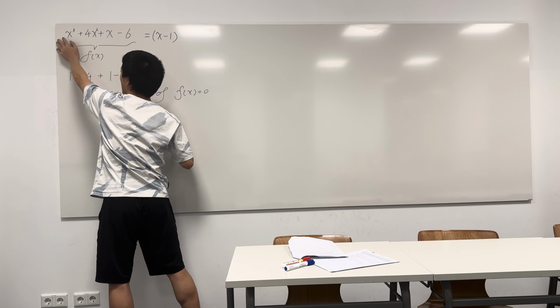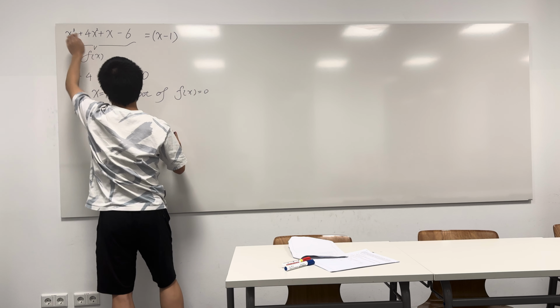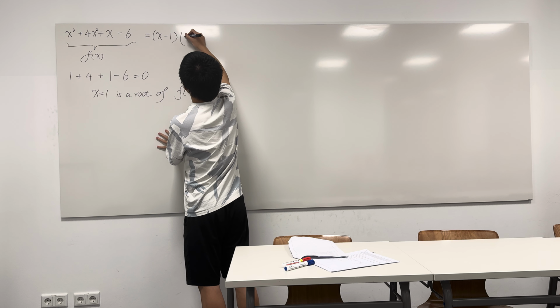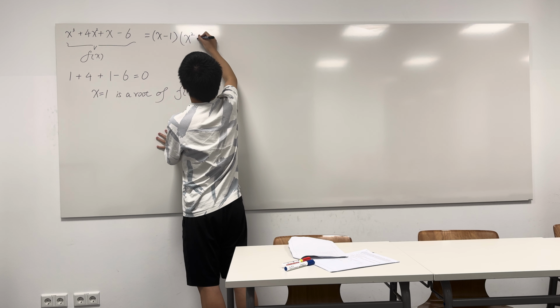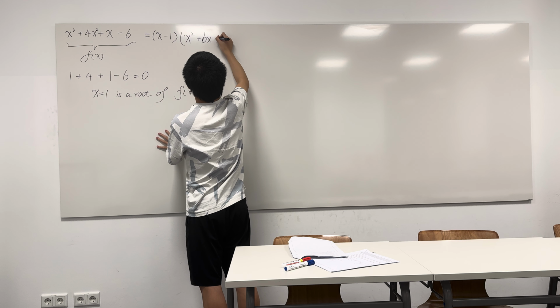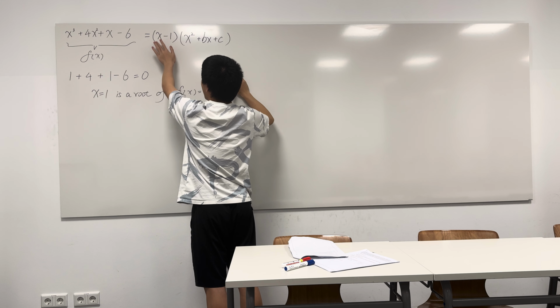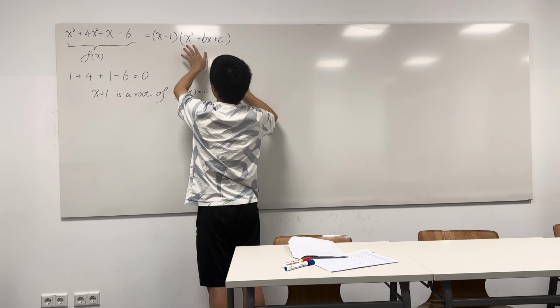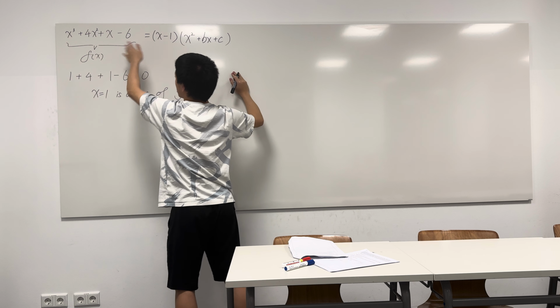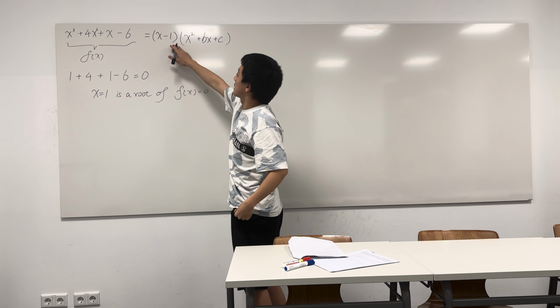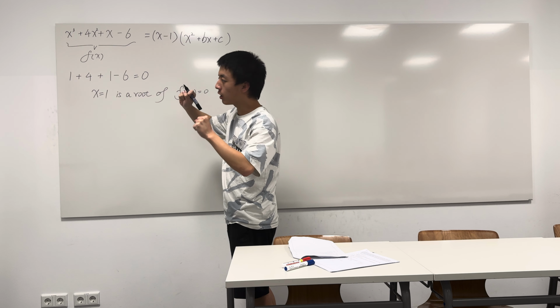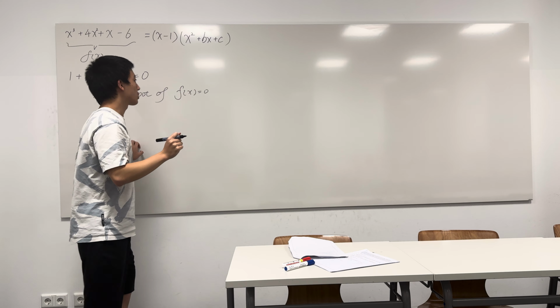Because the coefficient of x cubed is 1, we can assume something like x minus 1 times x squared plus bx plus c. Then we can expand it and compare the coefficient of each term.